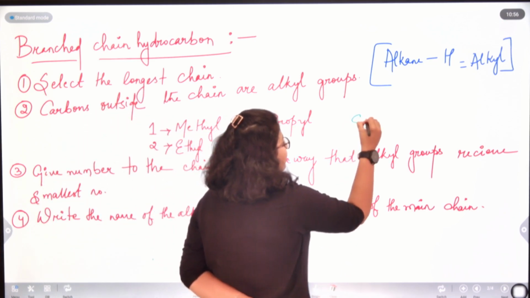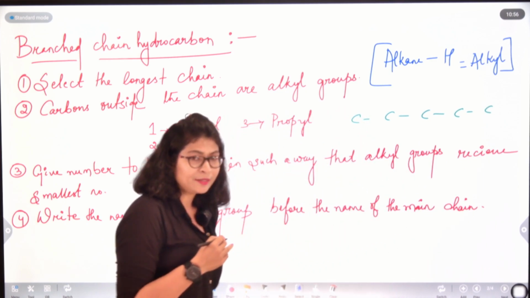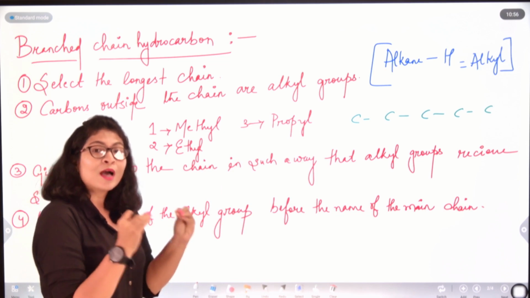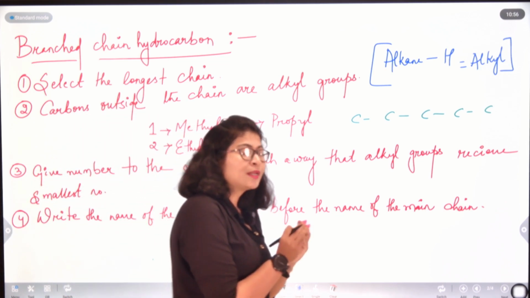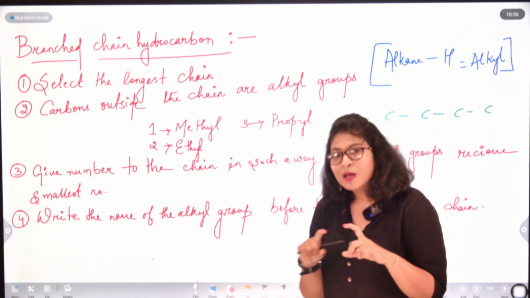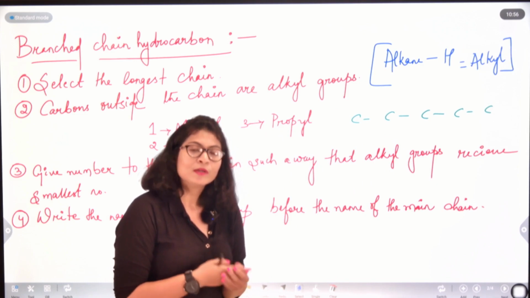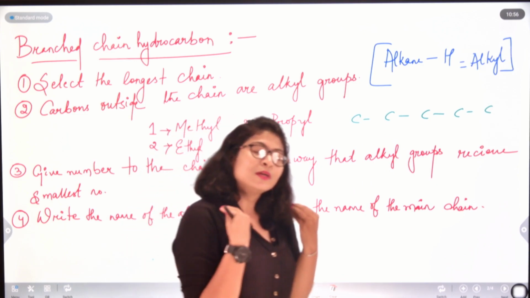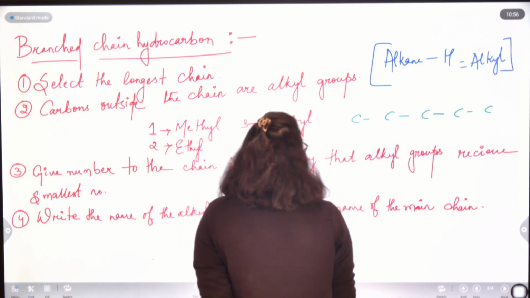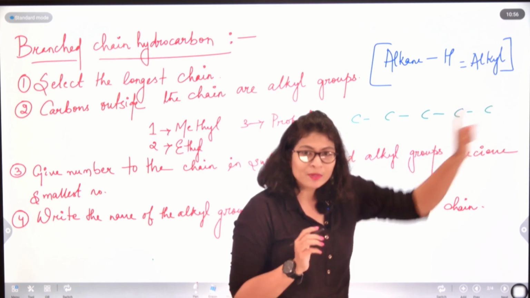Suppose, initially for alkanes, I'm just writing the carbon skeleton, and if nothing is mentioned on the carbon, that means hydrogen is there. Carbon-hydrogen is always inevitably present when a carbon chain exists with no suffix or functional groups attached. If I see this carbon chain, how many carbon atoms does it have? 1, 2, 3, 4, 5 carbon atoms.